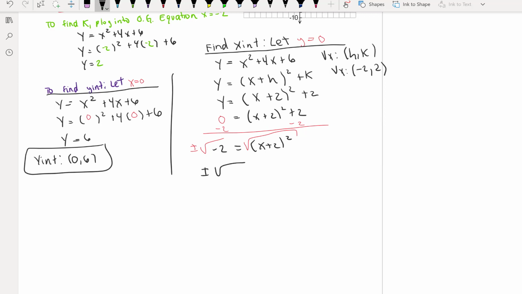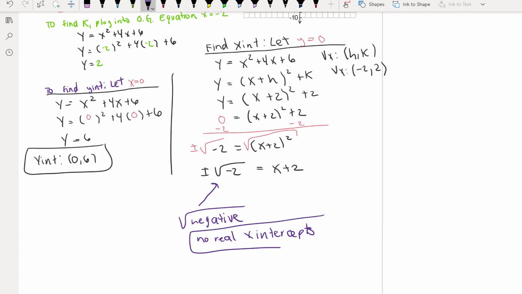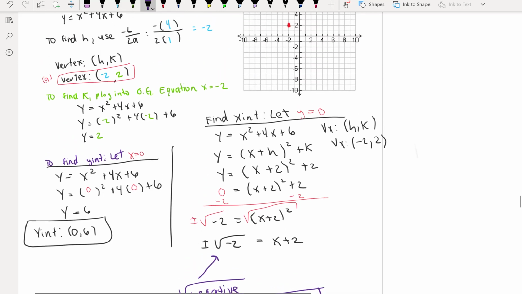So I have plus or minus the square root of negative 2 equals x plus 2. Again, I have a square root with a negative on the inside. That tells me that there are no real x-intercepts. So the x-intercepts do not exist again, okay?